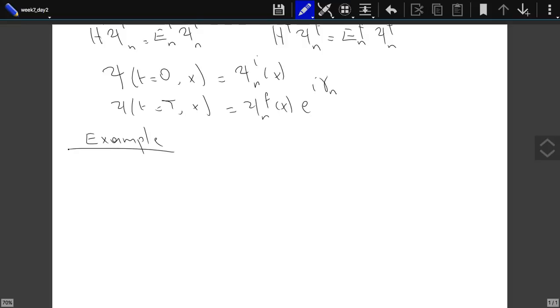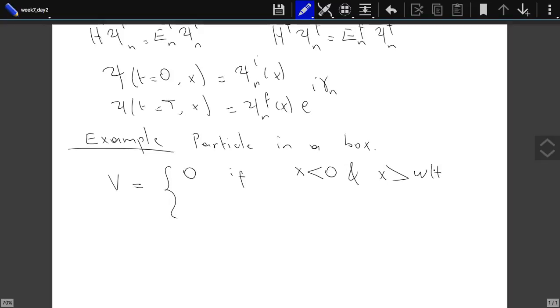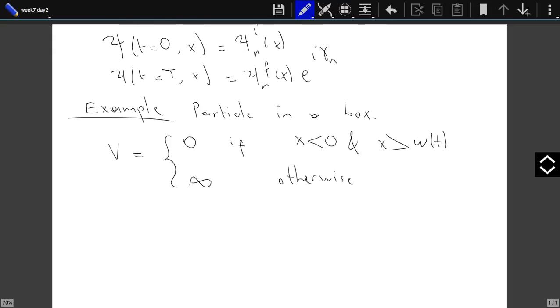Now we will look at the particle in a box, which has this potential V equal to 0 if x is less than 0 or x is larger than, let's say, omega of t, and infinite otherwise. So basically we have this box.